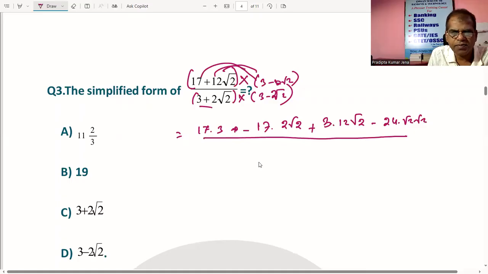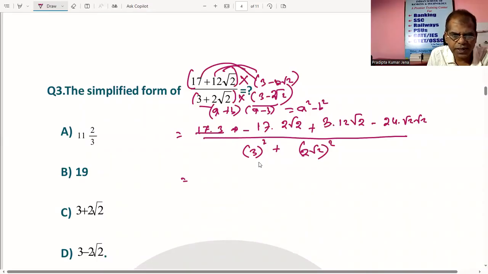This is in the format (a plus b)(a minus b), which is equal to a square minus b square. So 3 square minus (2 root 2) square. See what happens next.